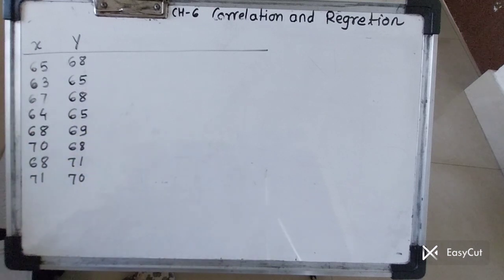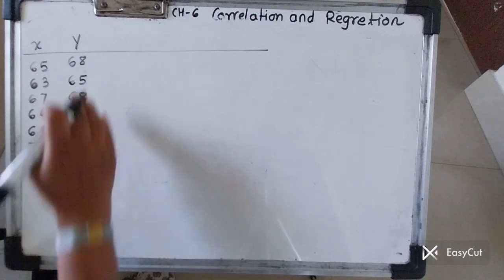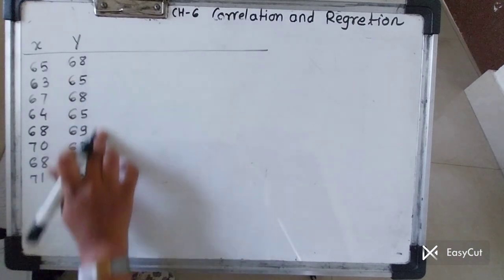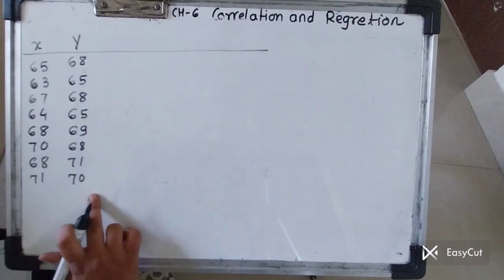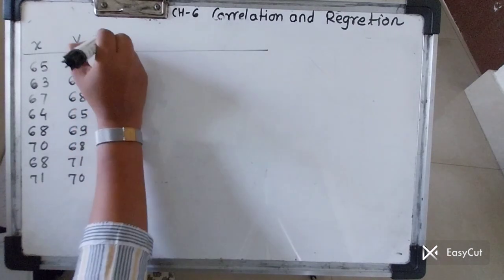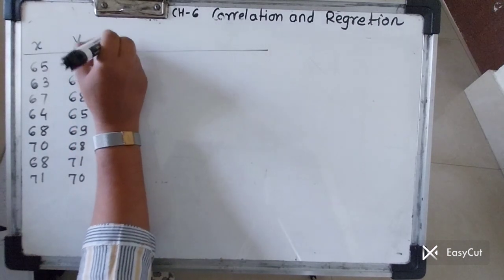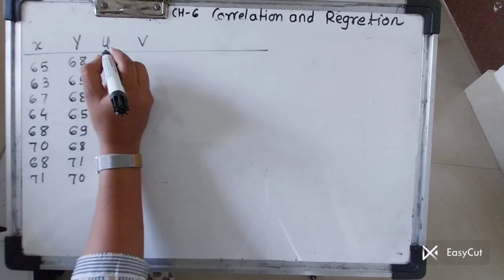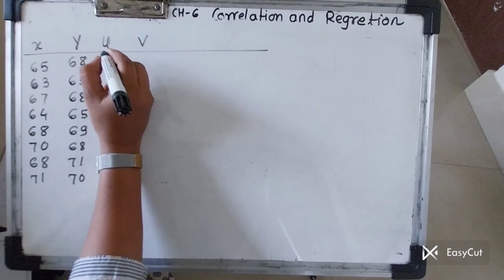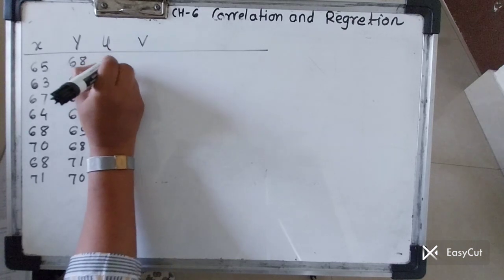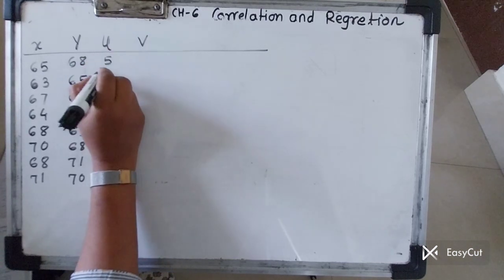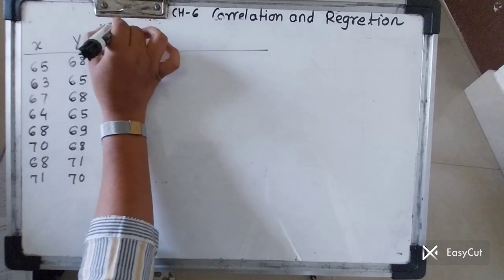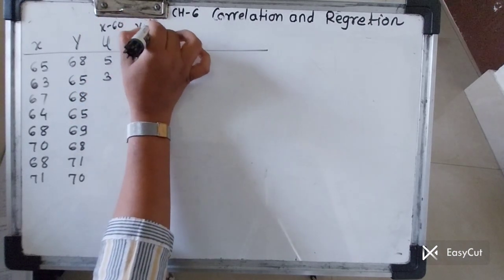So my a is 60 and here my b is 65, because 65 is nearer to all. Okay, so I make a table here for uv. U is x minus a, so 65 minus 60 is 5. Then u is x minus 60 and v is y minus 65.